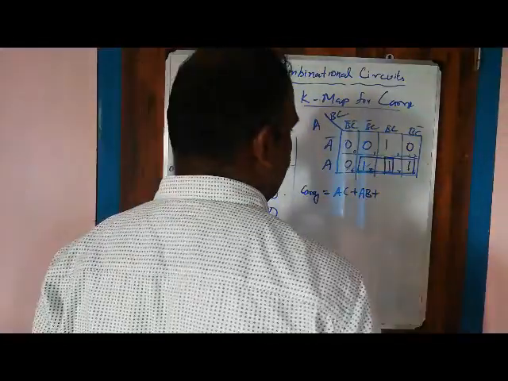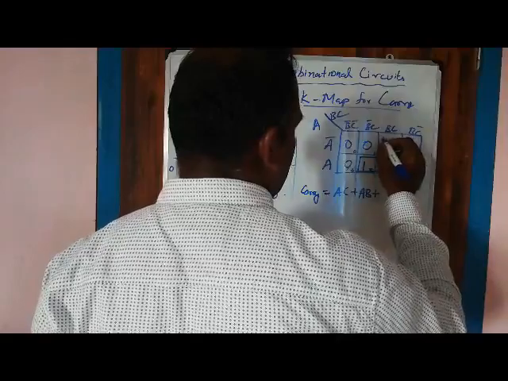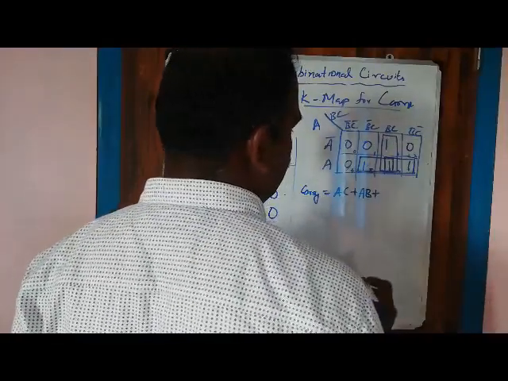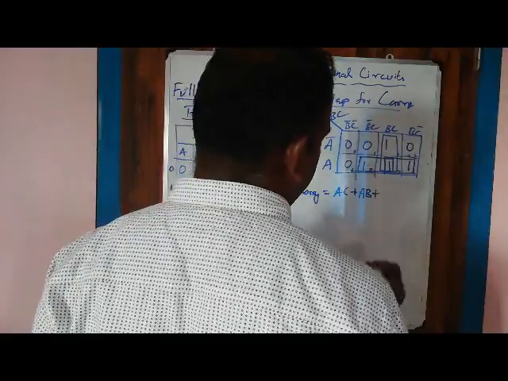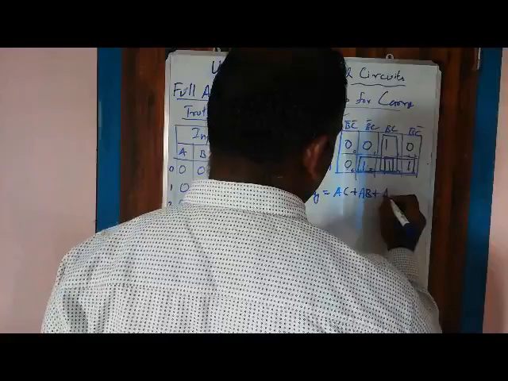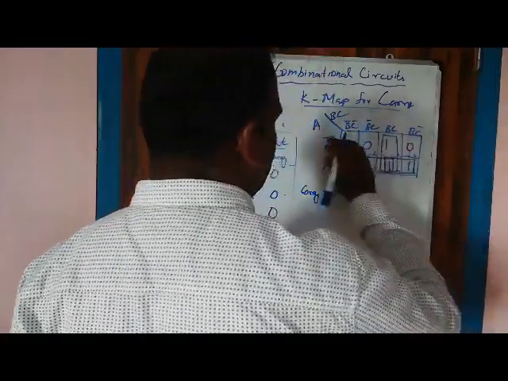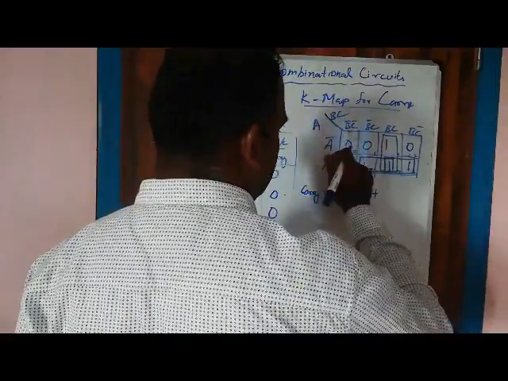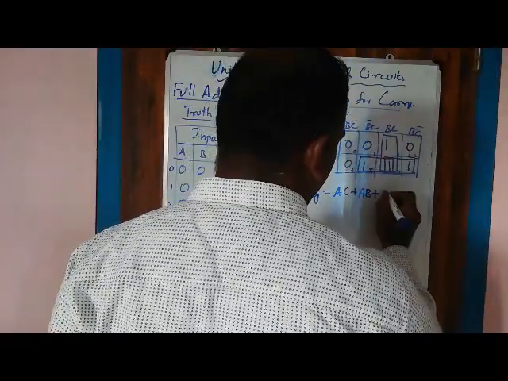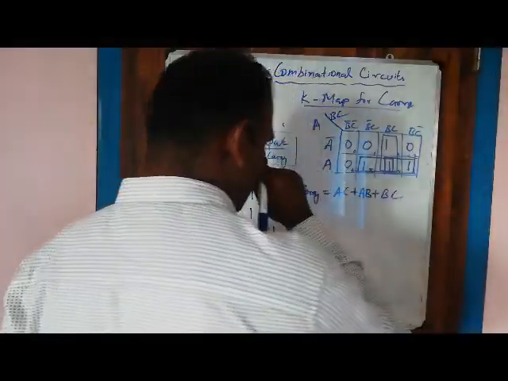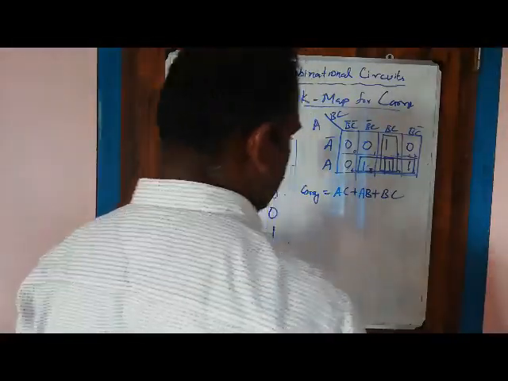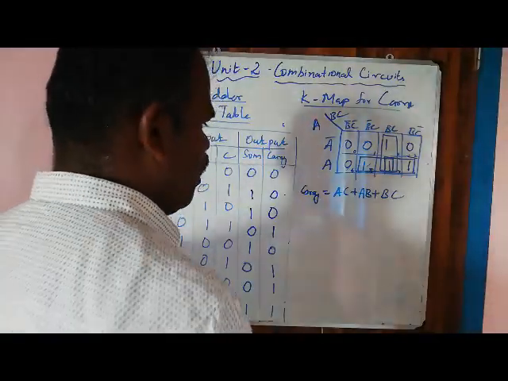Next you can group like this. Comparing these two columns, the changing variable cancels, and we can take these two variables B, C. This is the expression for carry.